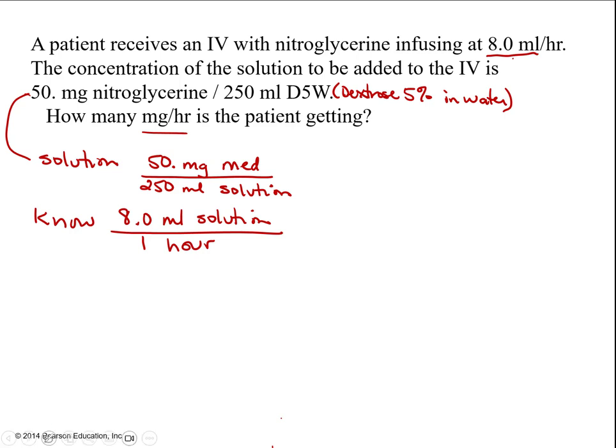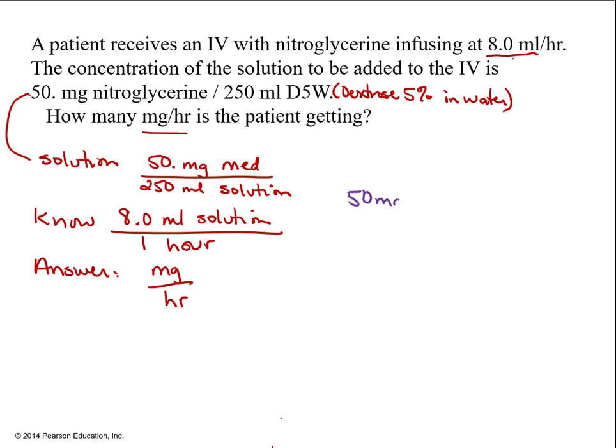The milliliter. Get rid of milliliters, because the answer I want is milligrams per hour. Right? So I want to get rid of milliliters. So how do I set it up so that milliliters and milliliters will cancel? You write it on that side.